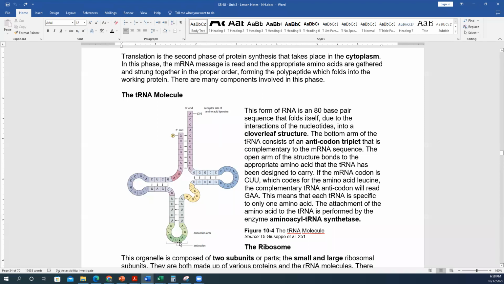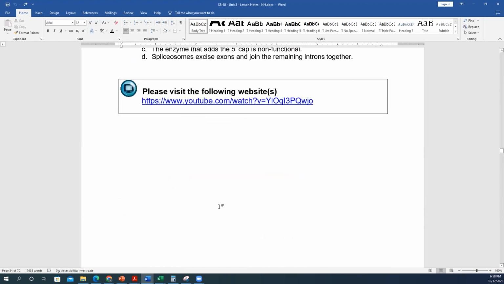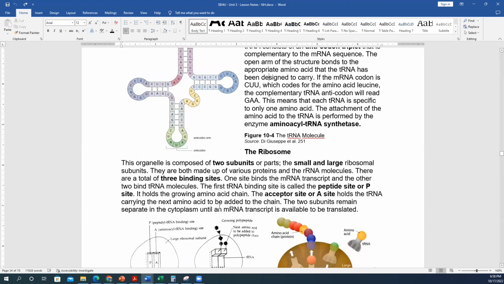So this AUA on the tRNA would be complementary to a UAU on the mRNA. And if you can think back to that codon chart, and we can quickly look back and see, okay, let me just refresh my mind.